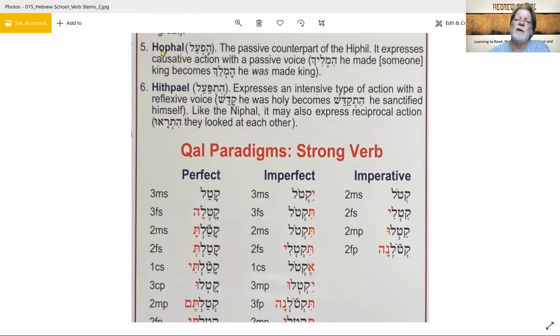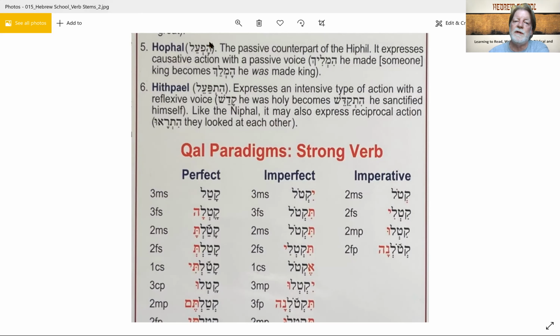The reason it's called hofal, and I think we've come across this occasionally, is in a word like this, if you have a kametz under the first consonant in the first syllable of a word, followed by a shva, which is probably not going to be pronounced in a closed syllable like this.